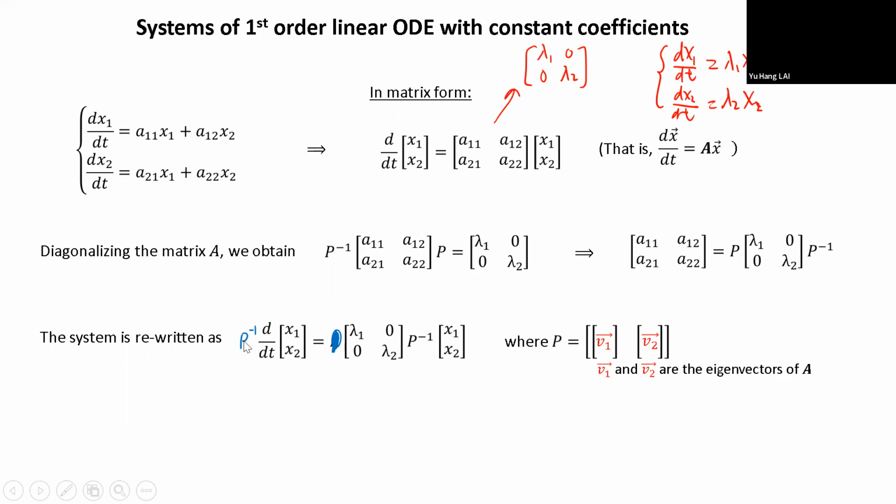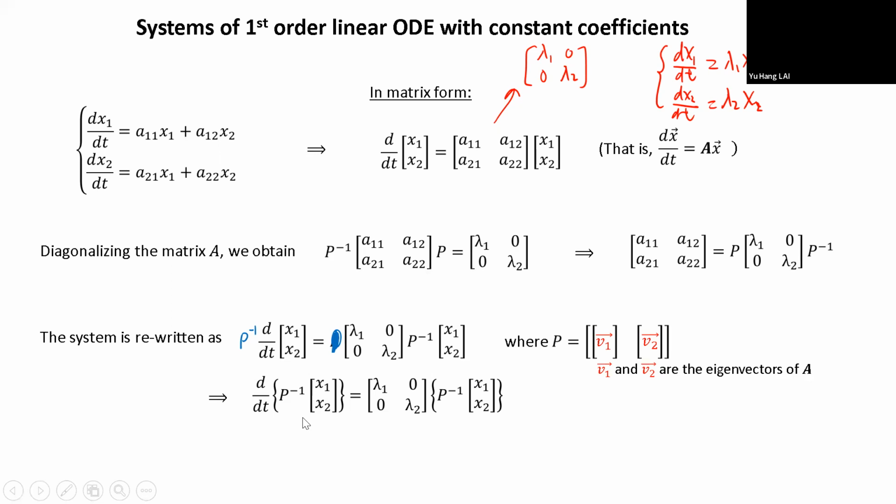The P inverse and the derivative sign can be interchanged, so this P inverse can be put inside, because it contains only constants. So if I reverse the order of the P inverse and the d/dt, then I can write the equation in this form.